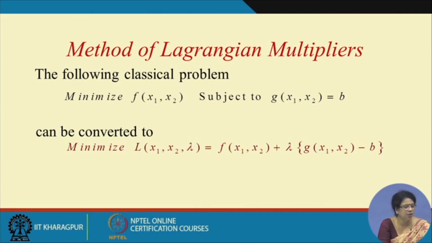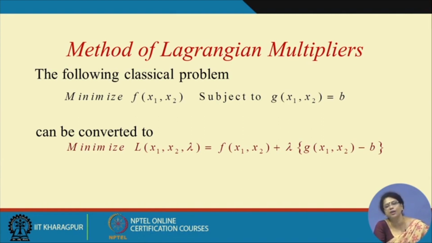Alright. Now, what do we have to do? We have to minimize this Lagrange function. Whatever tool you know till now, just try to apply it here. You see, we have incorporated the constraint part as well within the objective function.